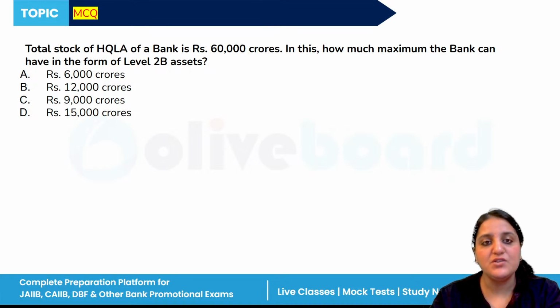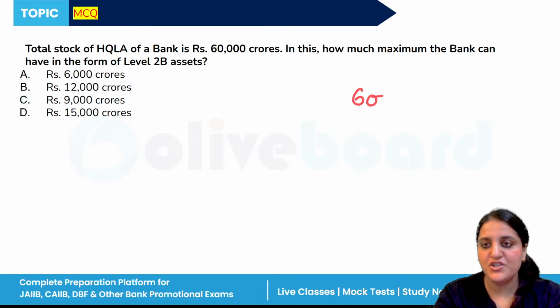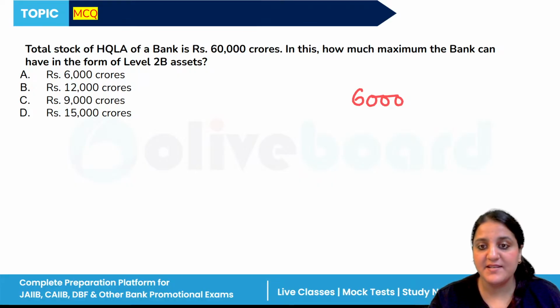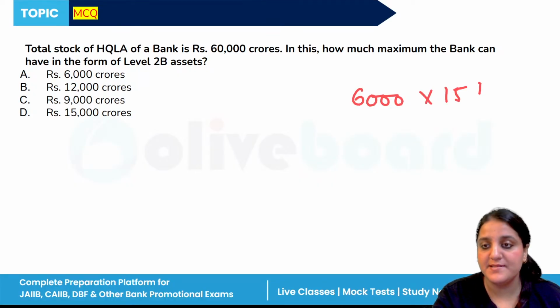Now total stock of HQLA 60 crore. So how much bank can have in the form of level 2B assets? See, level 2B assets means 15%.